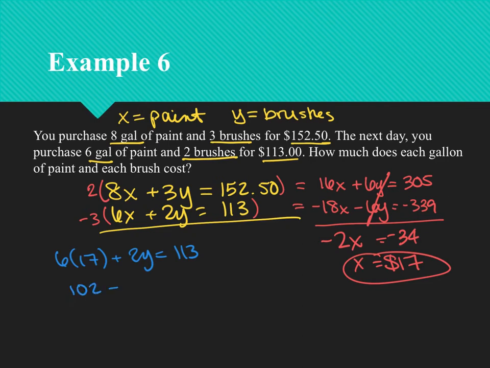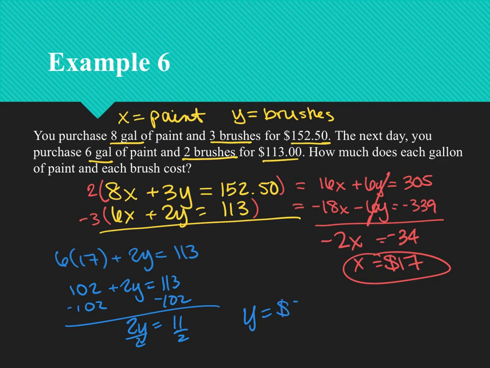So I have 102 plus 2y equals 113. If I subtract 102 from both sides, I end up with 2y equals 11. And if I divide both sides by 2, I can see then that y is going to equal $5.50. So $5.50 for my brushes. So the paint is $17 a gallon and the brushes are $5.50 each.